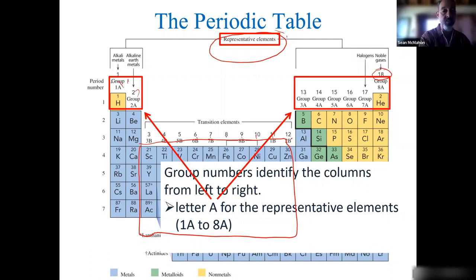So now we see it's 1A, 2A, we skip the transition metals and we go 3A, 4A, 5A, 6A, 7A, 8A. And we notice the difference is just the 10, right? Because 13 minus 10 would be 3. So the old system ignores that valley of 10.